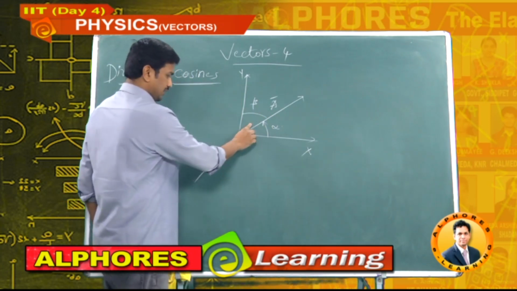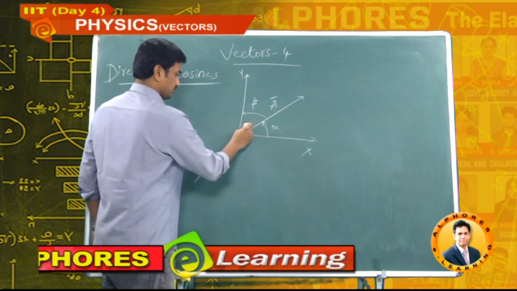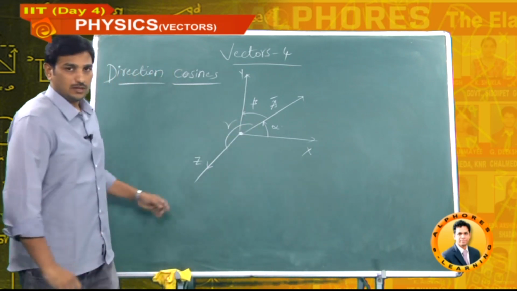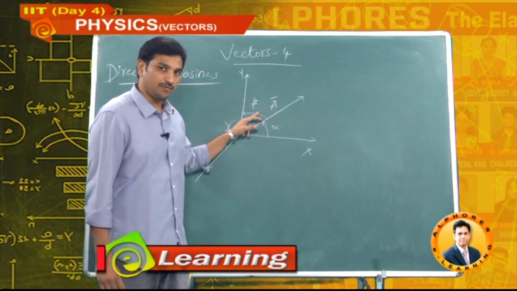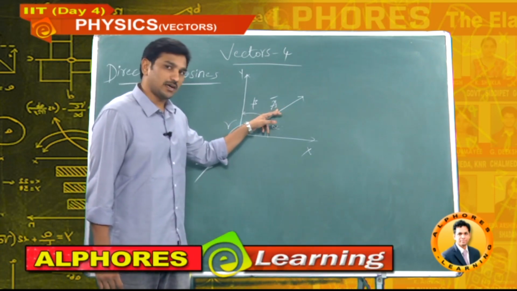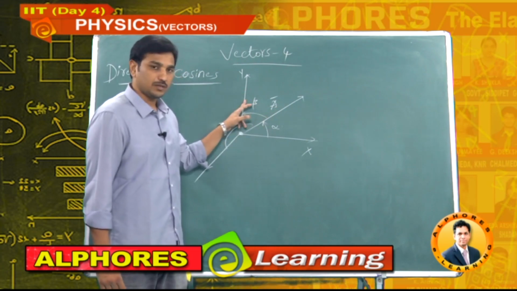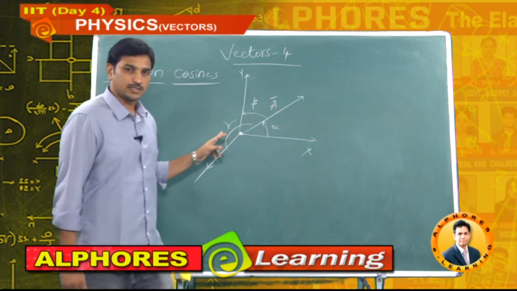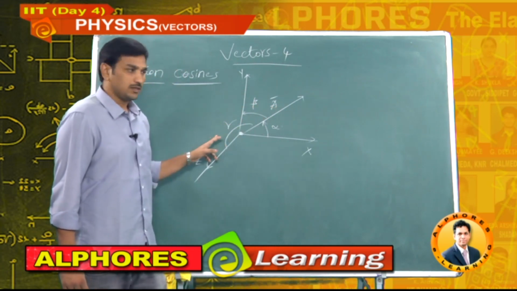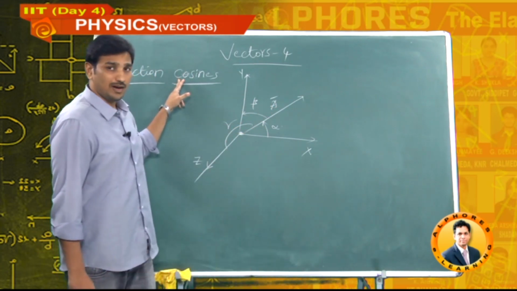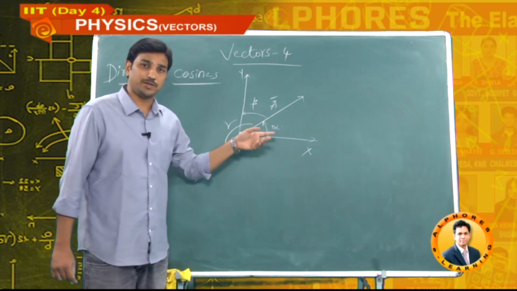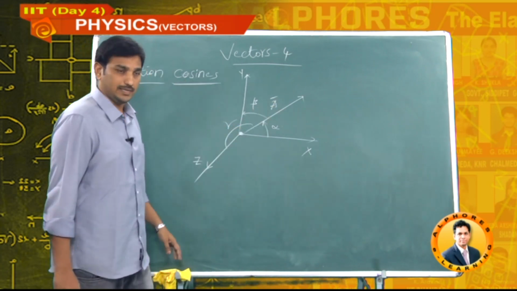The vector with the z axis, gamma. Our vector with the x axis has an angle of alpha, with the y axis it has beta, with the z axis it has gamma. So here the cosine of the angles gives information about the vector.